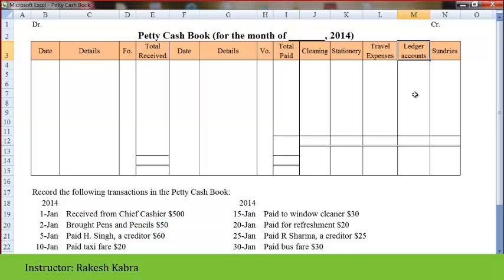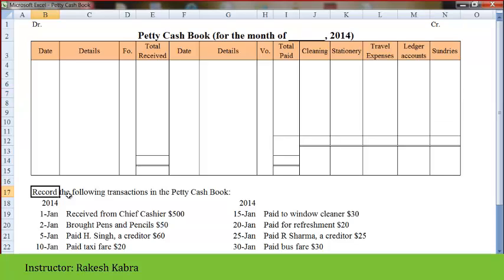Whatever amount you pay to the supplier, small payments you will record in this column. And if there is any expense which is not allowed to be recorded in any one of these four columns, then that small payment will be recorded in this column, sundries. So these are the specific small payments, and if any small payment we made is not allowed to be recorded in any one of these four columns, then such small payments will be recorded in which column? Sundries.